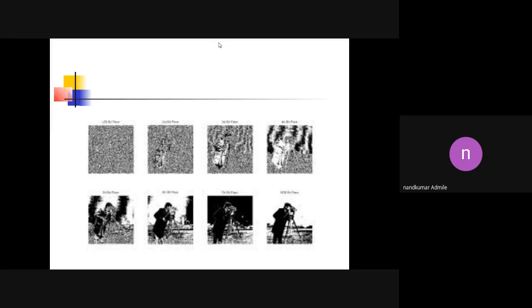By using bit plane slicing, we can consider the individual planes of that image. It is 8-bit, so there are 8 different planes. If there is 24-bit, there are 24 different planes.